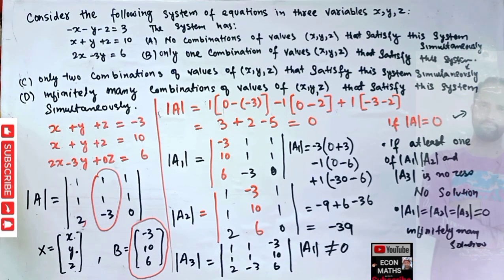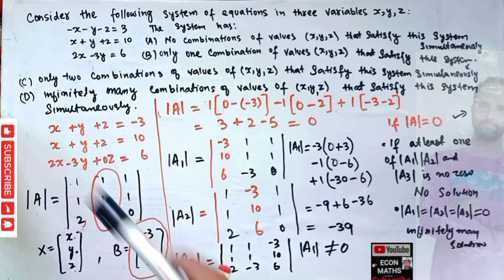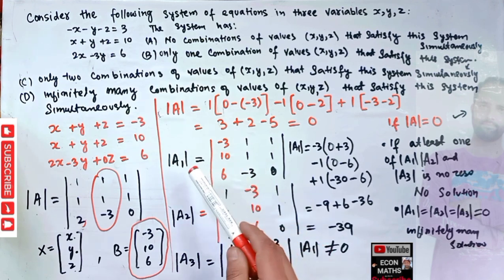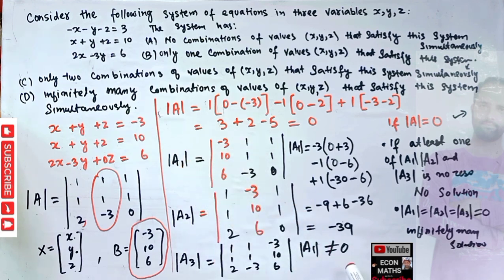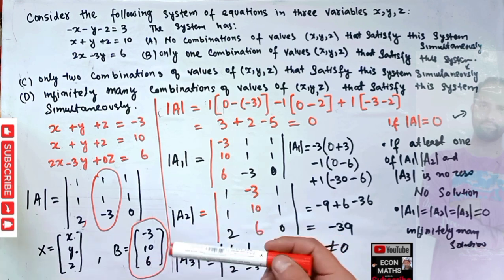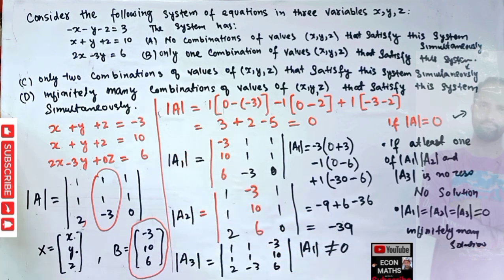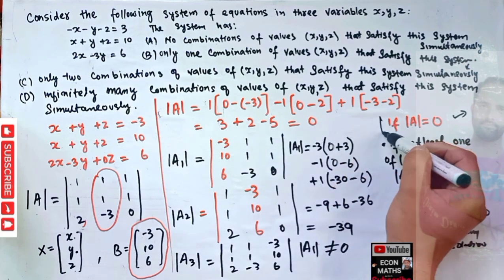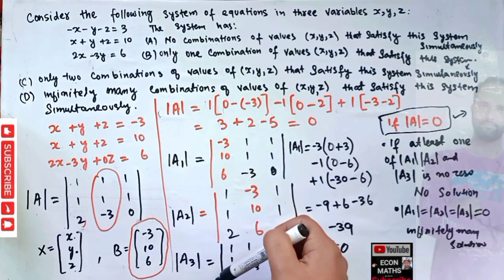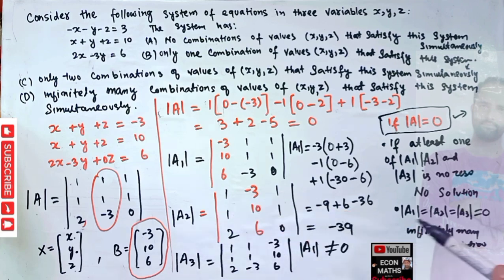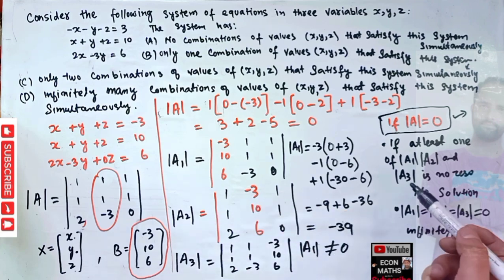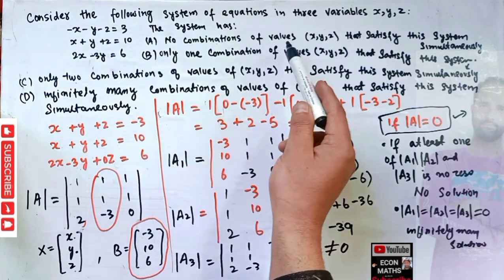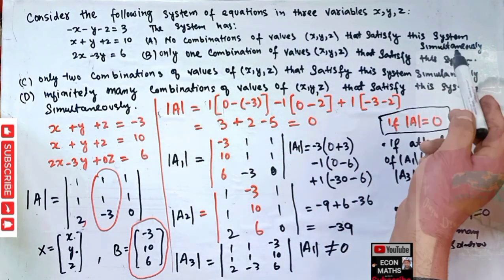Okay, so we can safely say this system of equations has no solution, because we just took the determinant of a1, it came out to be non-zero. We need at least one of these a1, a2, a3 to be non-zero to get no solution. So we got that the value of the determinant is equal to 0, and at least one of a1, a2, a3 is non-zero, which we saw here. So we can say there is no combination of values x, y, z that satisfies this system simultaneously.